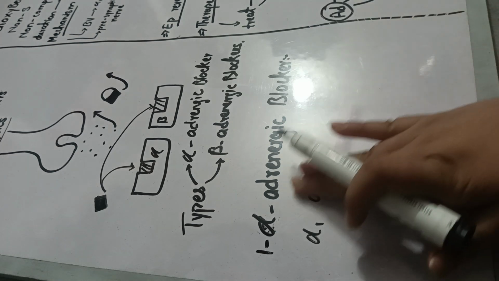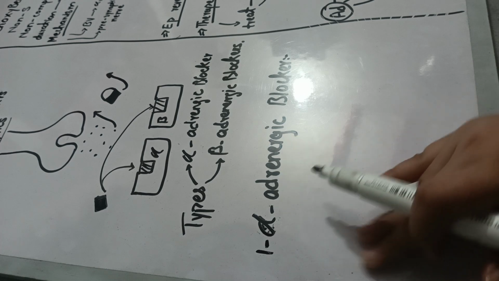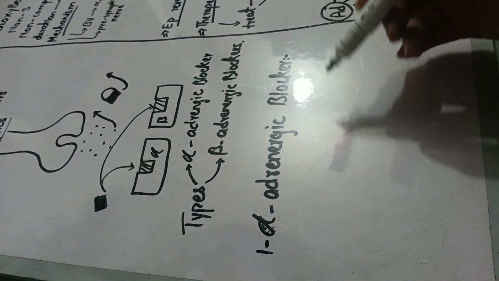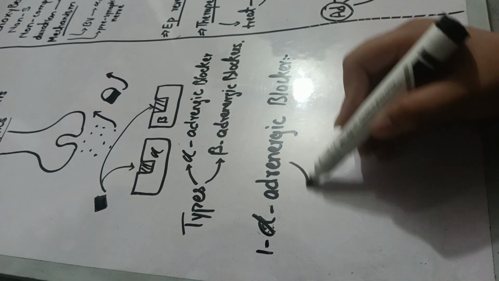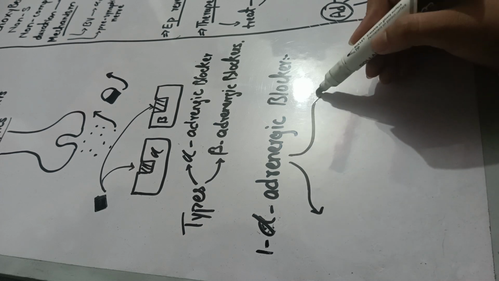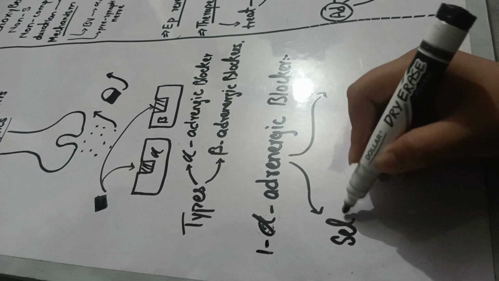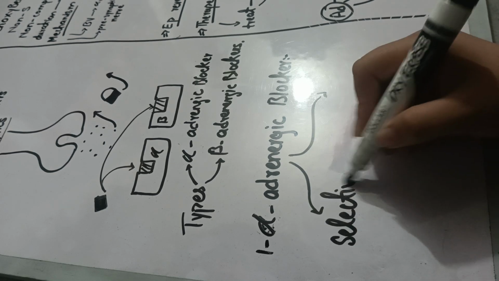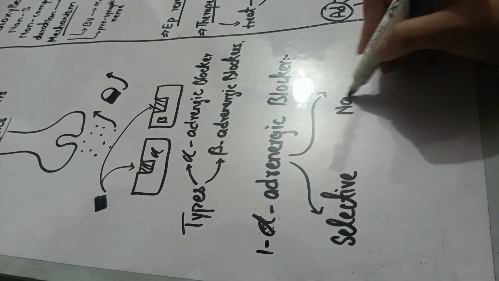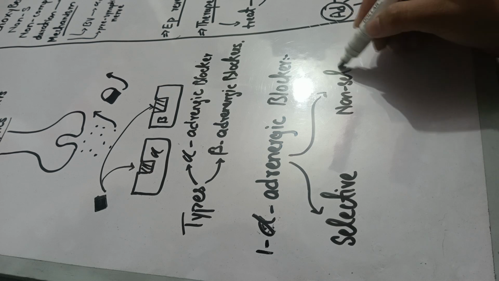Now there are two types of alpha adrenergic blockers. They can be selective and they can be non-selective.